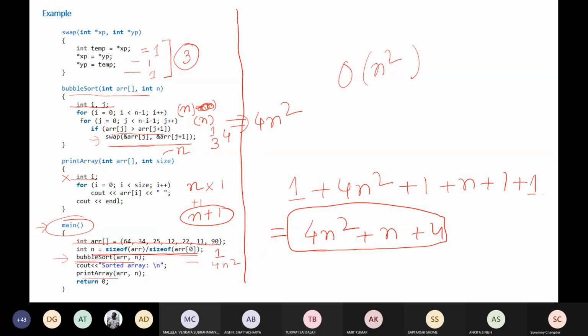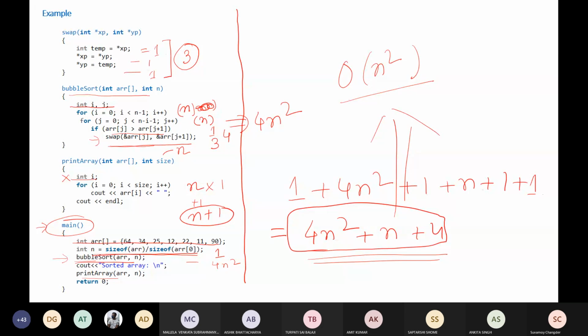The time complexity of bubble sort is order of n square, not 4n square plus n plus 4. Now, what is the reason? That is the next day we will discuss, how we get the value from 4n square plus n plus 4 equals to this.